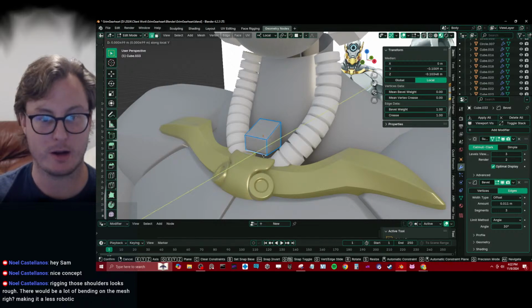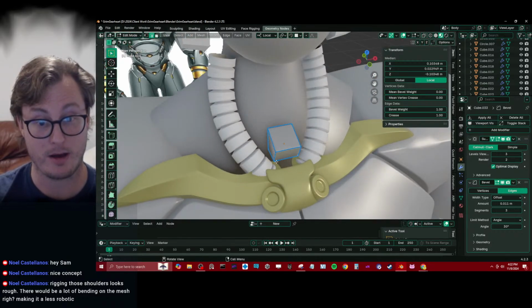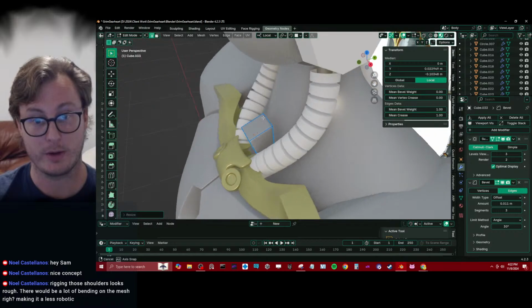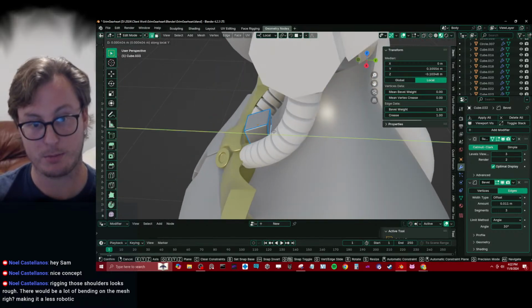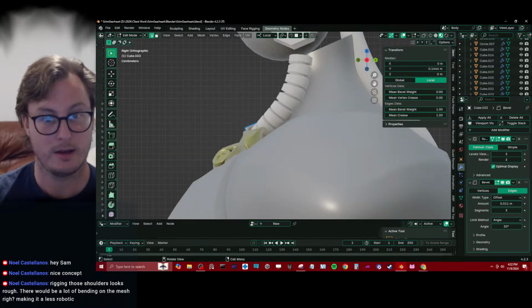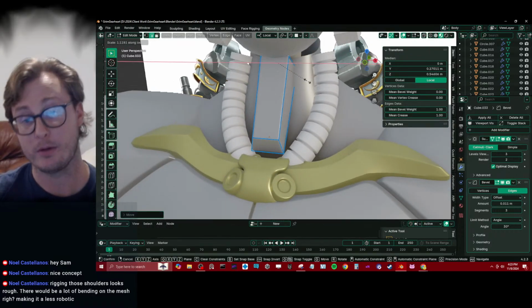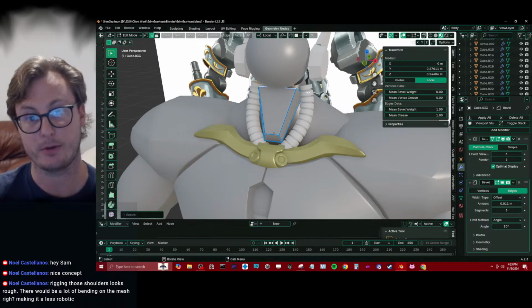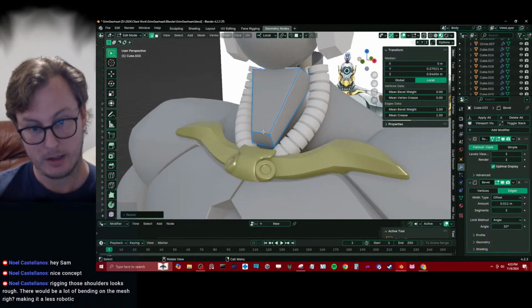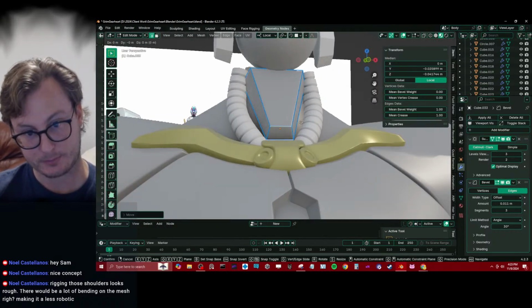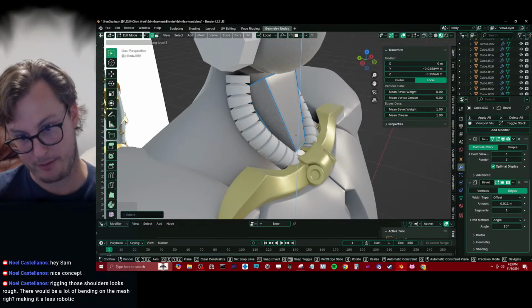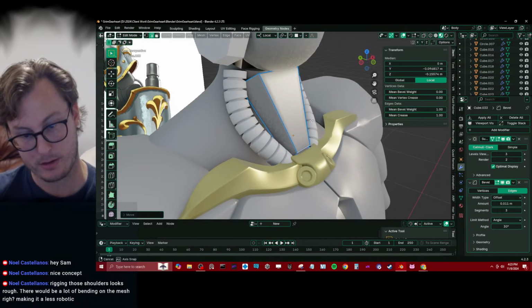But no matter what, with any form of rigging, there's no such thing as a perfect rig, unfortunately. Unless you're literally doing, well, in video games, there's no such thing as a perfect rig. Maybe for film or things you can have like perfect control over.